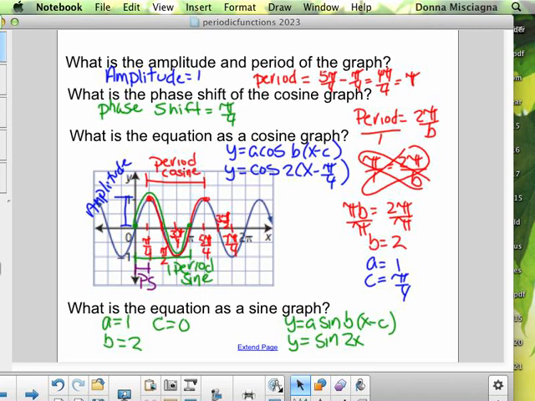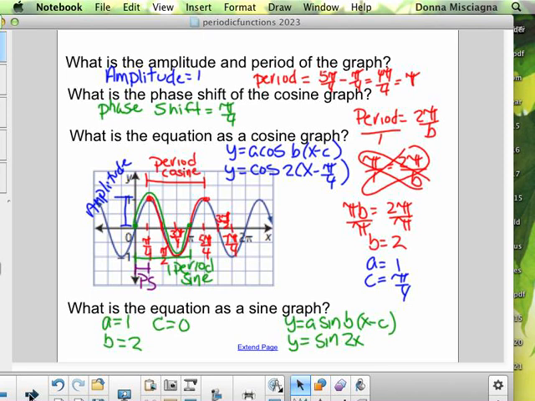So the same graph could be represented with y equals sine 2x or y equals cosine 2 times x minus pi fourths, right? Because you can see how we can have one period of sine in green and one period of cosine in red. And they're just phase shifts of one another.